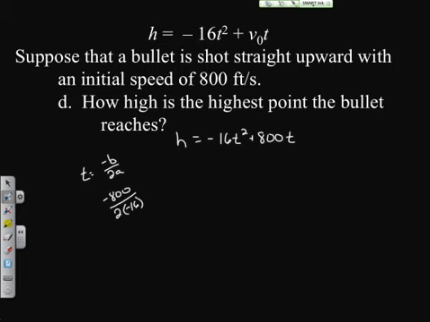H equals negative 16 times 25 squared plus 800 times 25. And again, I am going to use a calculator for this because I don't want to have to try and do that in my head. So 16 times 25 times 25 gives us negative 10,000 for this first part, plus 800 times 25 gives us 20,000.